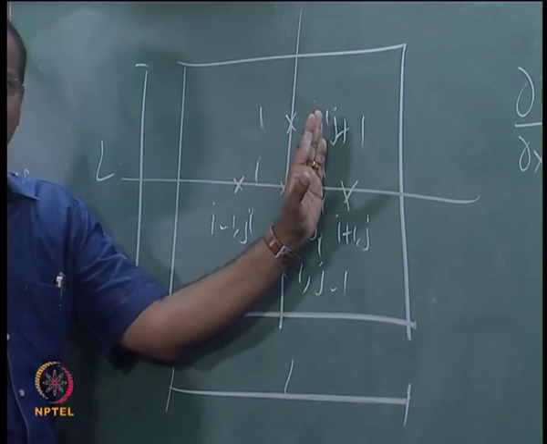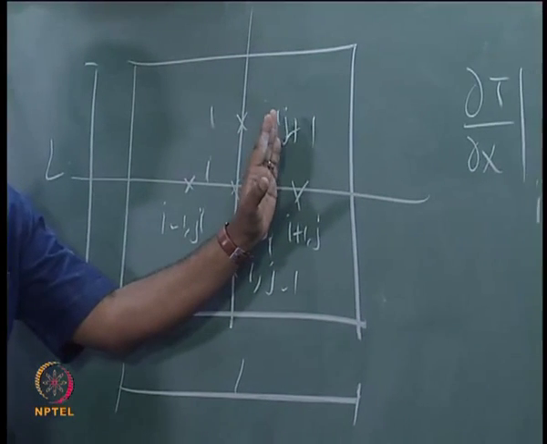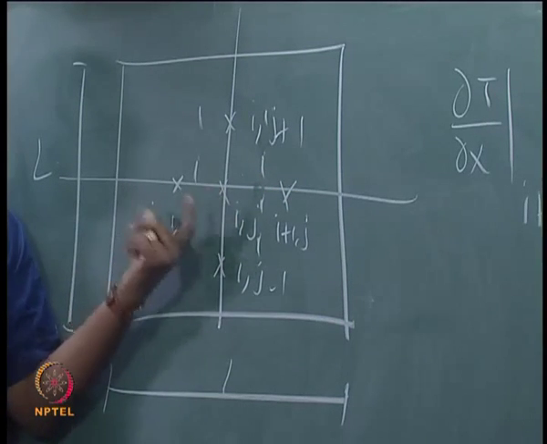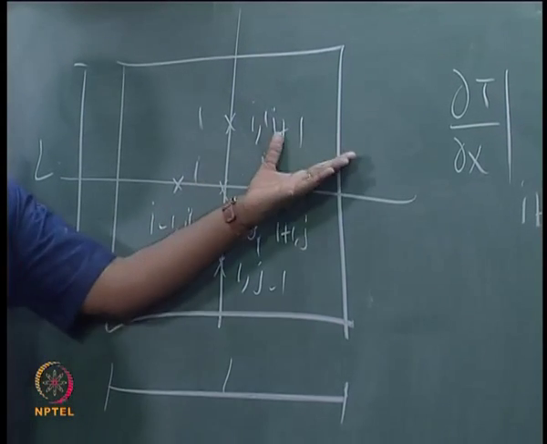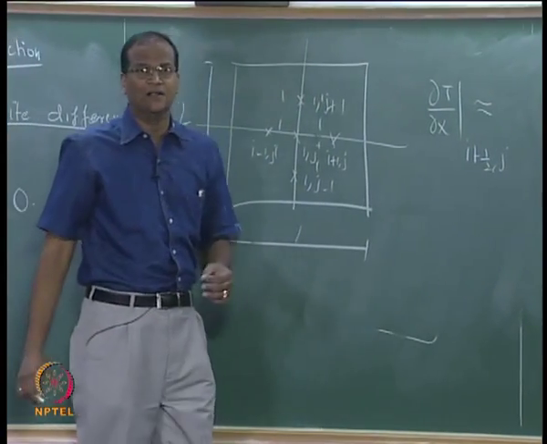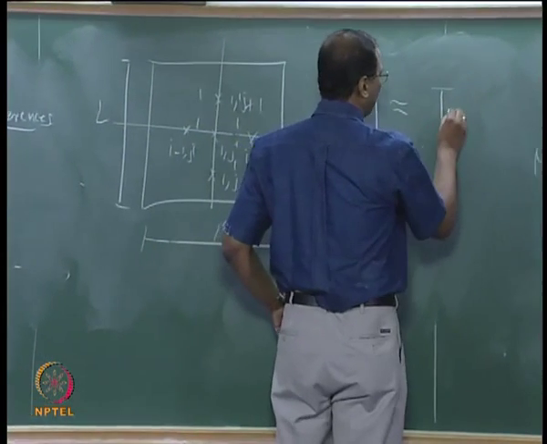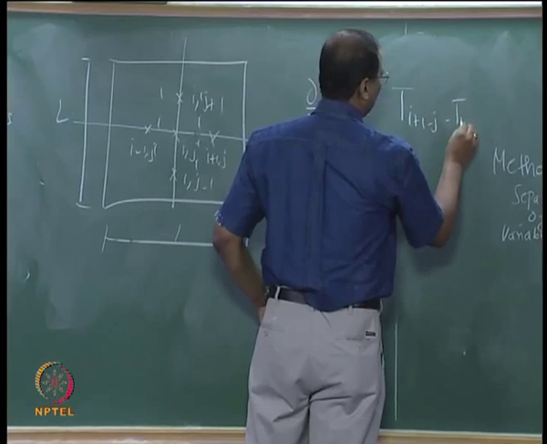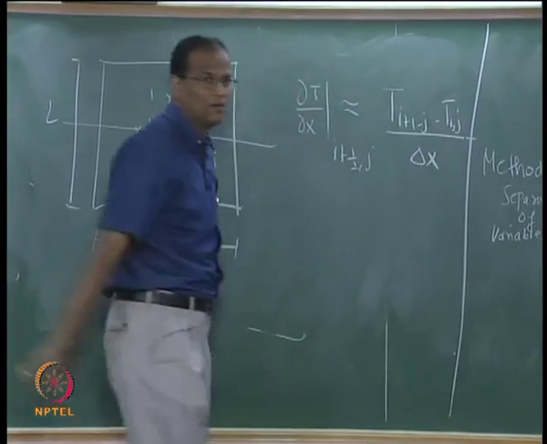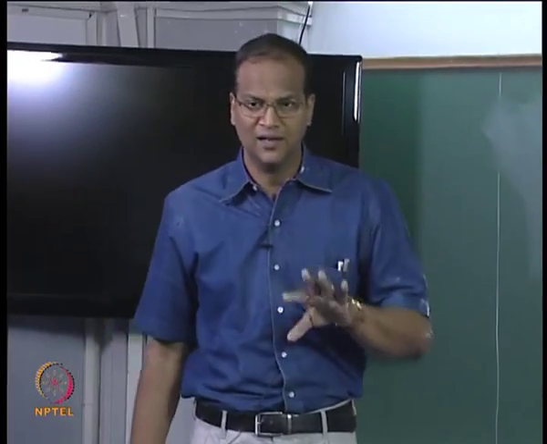The temperature gradient here, using a Taylor series approximation retaining only the linear terms, will be T of the node ahead minus T of the node behind, divided by delta x. That is a finite difference approximation. So I am replacing dou T by delta T and dou x by delta x. This will just be that, assuming that all the delta x's are the same, otherwise I have to put x i plus 1 minus x i.